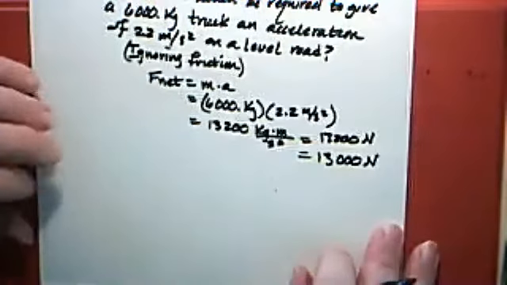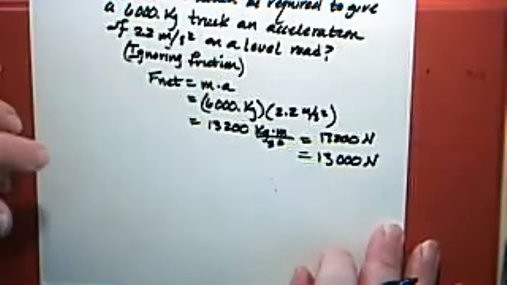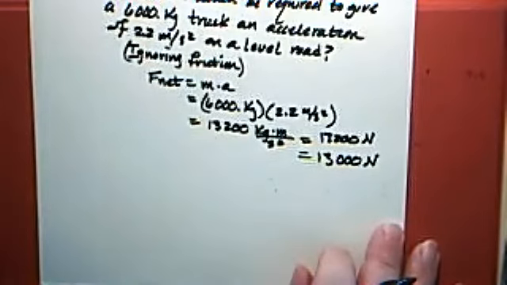And 13,200 rounds off to 13,000 if you need it to be two significant figures. Okay, so that would be kind of an example of what you can do.